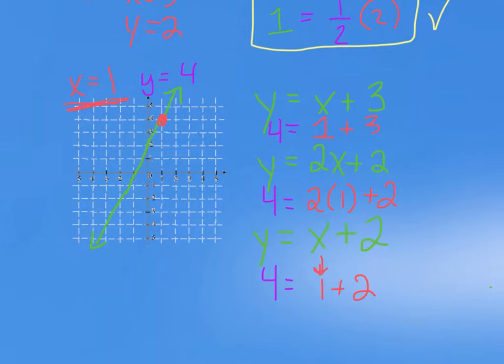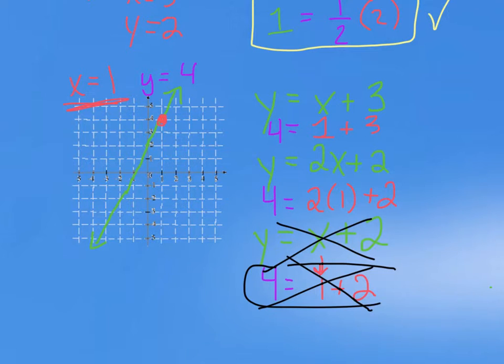Okay. Well, 4 is clearly not 1 plus 2. That's wrong. So it's not this equation. 4 is equal to 1 plus 3, so that one works. And this equation also works because 4 is the same thing as 2 times 1 plus 2. So again, we need to do a bit more work here and try one more point to see.